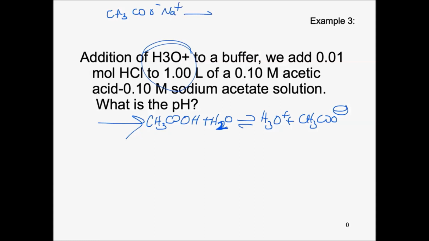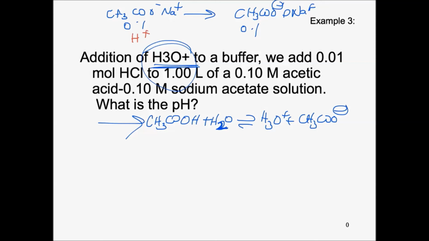So if I use 0.1, that is going to give me 0.1 moles of sodium and 0.1 of the acetate, and to that I'm going to now add hydronium, or H plus.